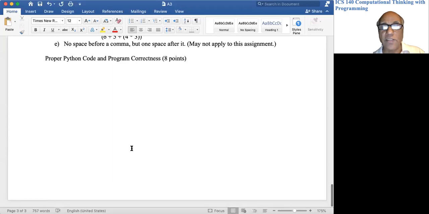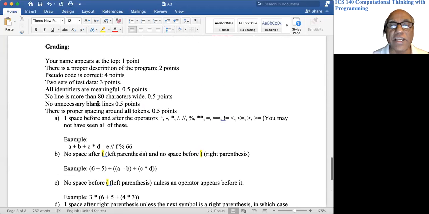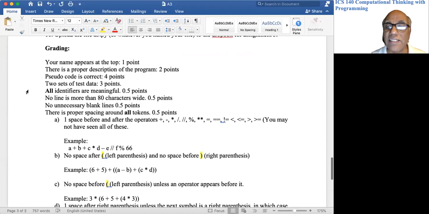So follow these conventions. These are easy things to get points for. Even one violation, you lose the 0.5 points for that. So even if one identifier is not meaningful, you will lose half a point. Even if one line is more than 80 characters, you will lose half a point.